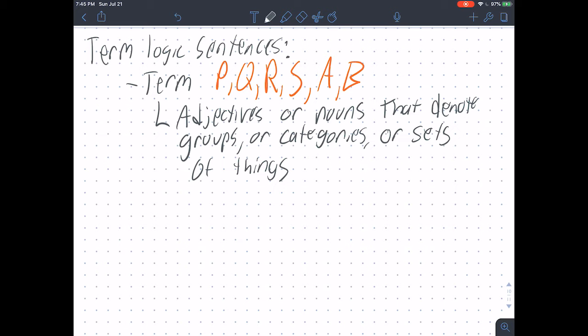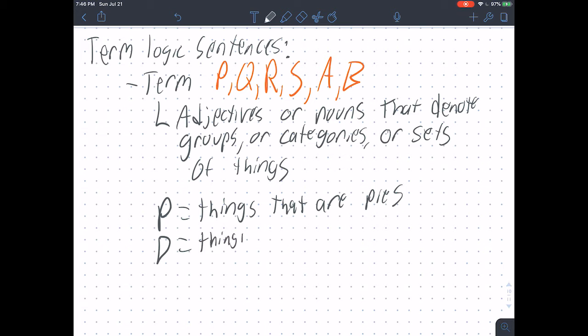So if we put in P for pies, that stands in for things that are pies. And D for delicious stands for things that are delicious.